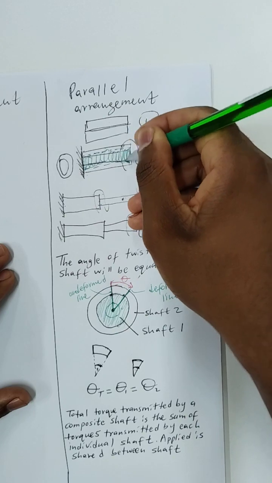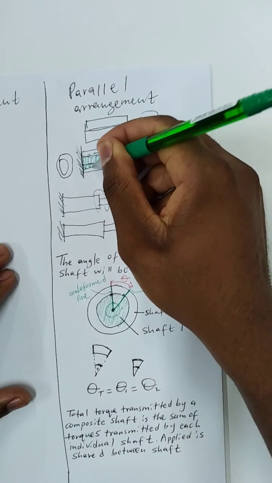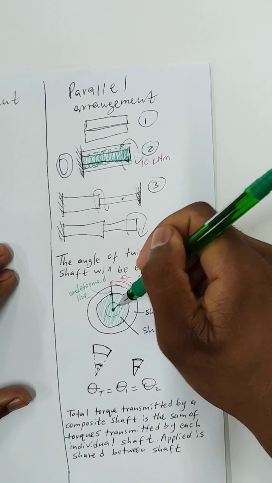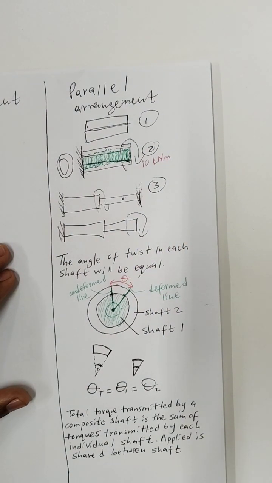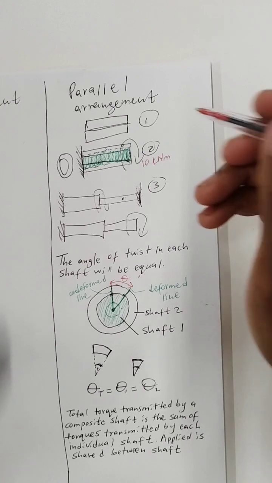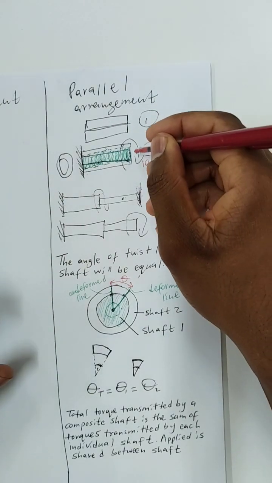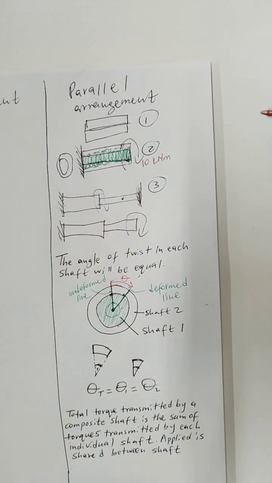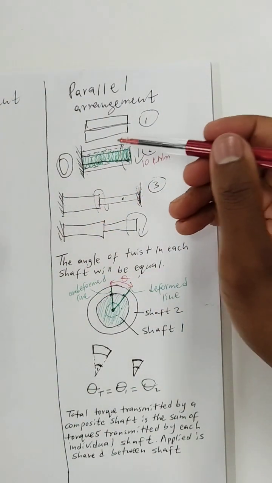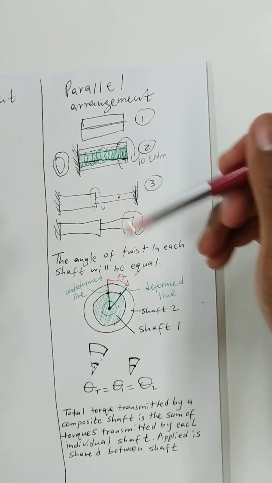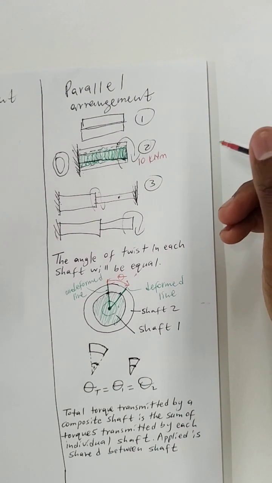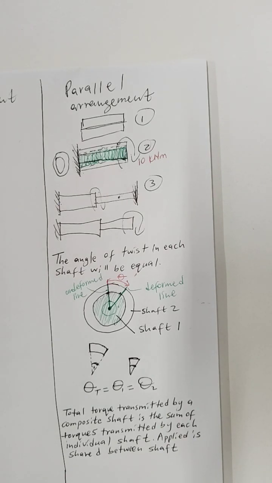This green one is the solid shaft. Then there is this one. Okay, this is the cross-sectional area of this. So if you apply torque there of 10 kNm, so this shaft, remember the function of this shaft is to transmit the torque, is to take the torque from one position to another point.